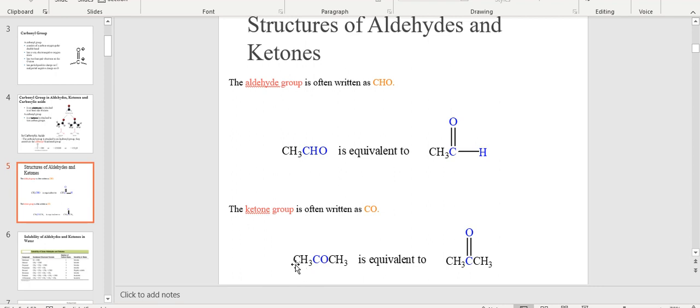So you see this carbon right here, it has 3 hydrogens, and that carbon is bonded to that carbon. So this carbon has 4. Well, this carbon doesn't have any hydrogens, so that tells you something is going on. It has to have 4 bonds. It's bonded to this carbon, it's also bonded to this carbon, it still needs 2 bonds. So therefore, C double bond O, as it is here.